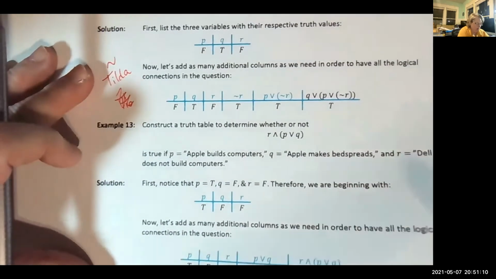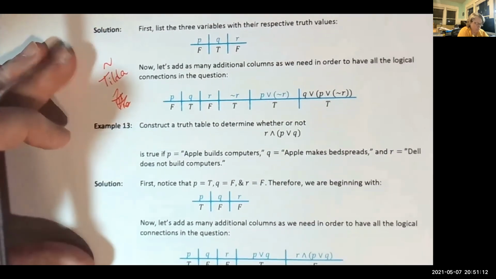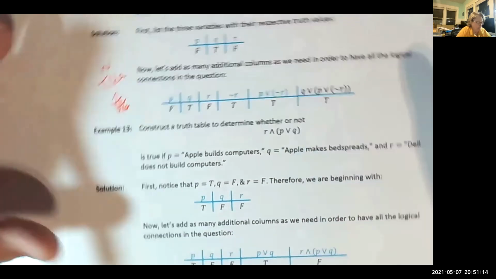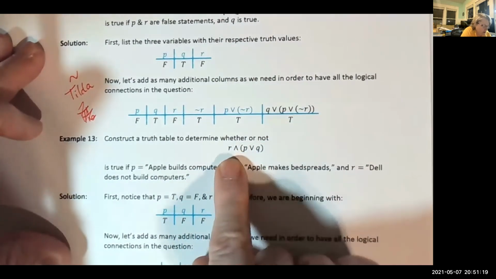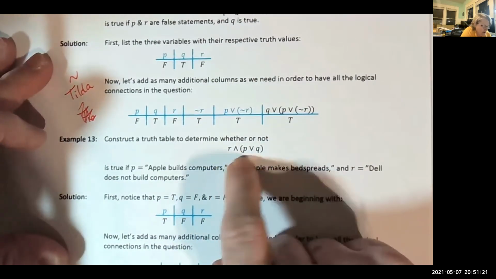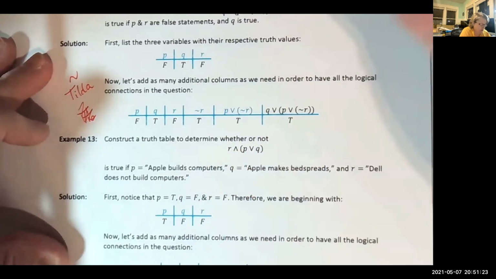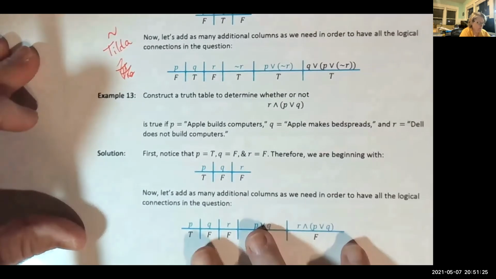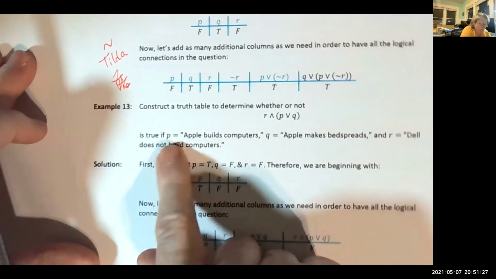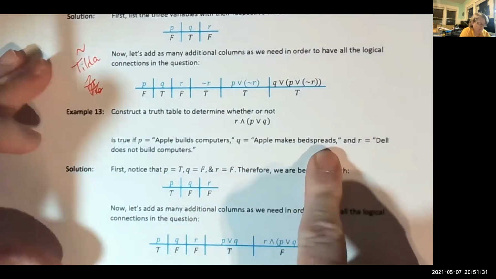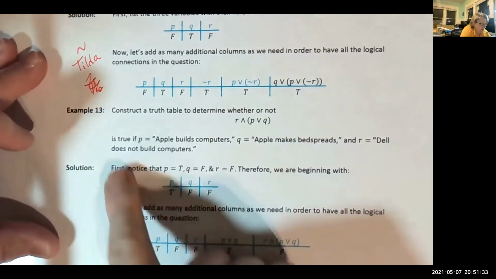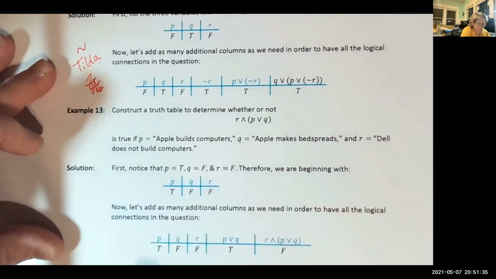Finally, let's look at whether or not R and P or Q is true or false if P is Apple builds computers, Q is Apple makes bedspreads, R is Dell does not make computers.